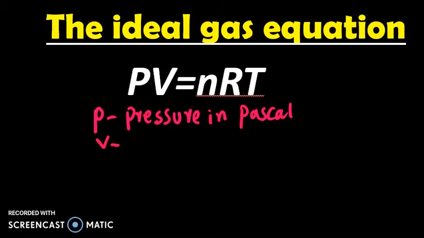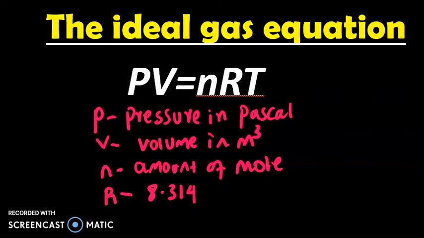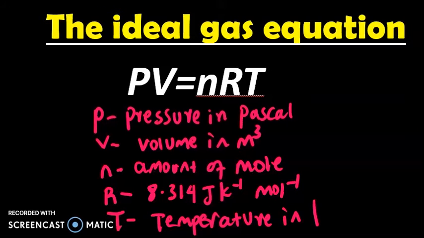V stands for volume in meter cube. n is the amount of mole of gas. R is the universal gas constant, which is 8.314 J K^-1 mol^-1. And T is temperature in Kelvin.